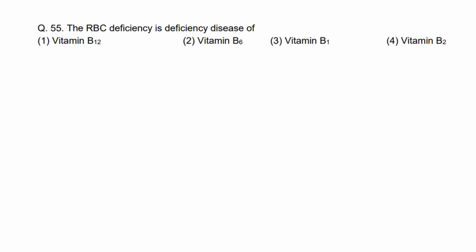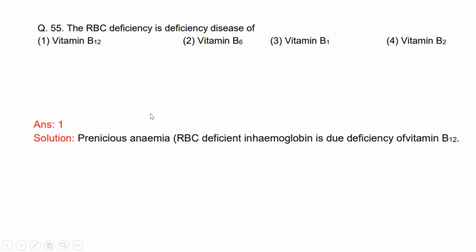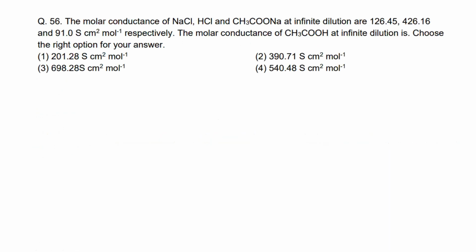Next, question number 55. The RBC deficiency is a deficiency disease of vitamin B12. When you have less vitamin B12, that causes the RBC deficiency, which we call pernicious anemia. So that is question number 55, answer is 1.